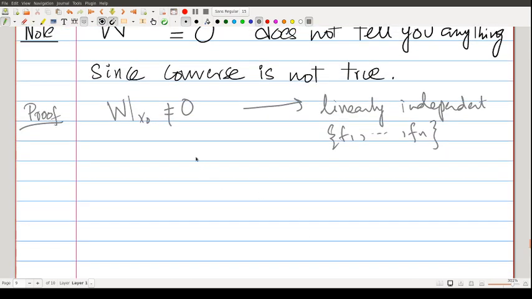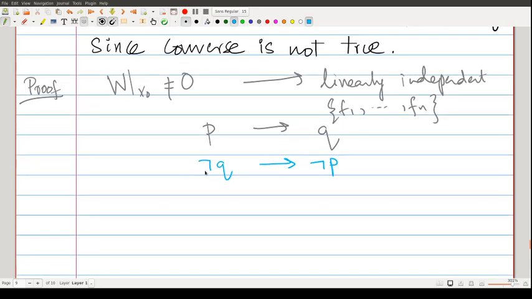And so again, I'm going to use the same technique of proof by contrapositive. I want to prove that P implies Q. Instead of doing that, I will prove that negation Q implies negation P. So let's figure out what the negation of Q would be. Q says that these functions are linearly independent.